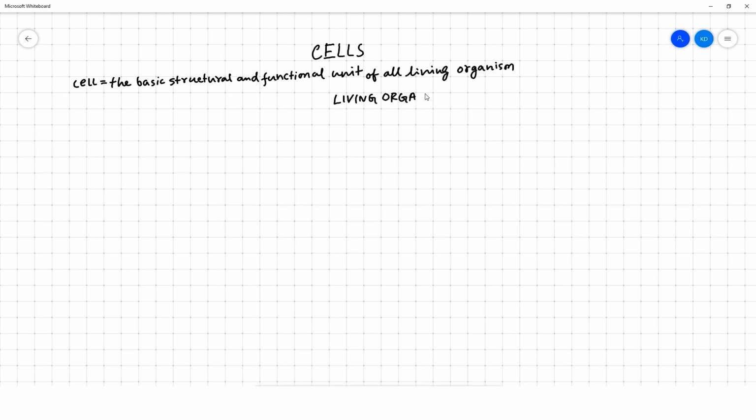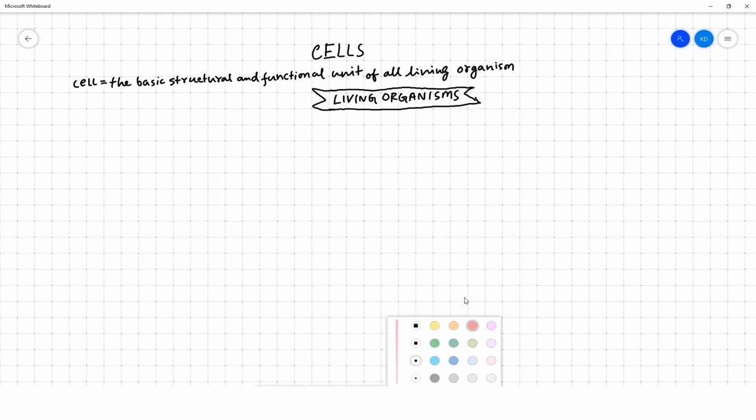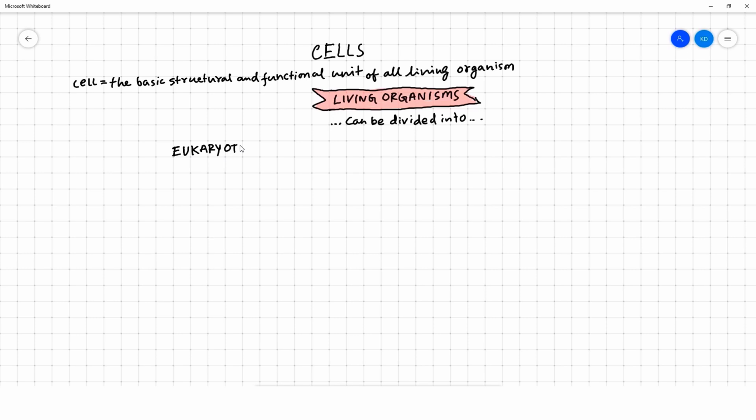Here, the living organism can be divided into two types: eukaryotic and prokaryotic. Now you can understand these things.